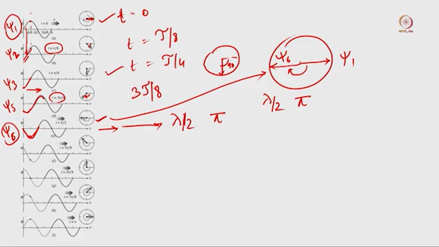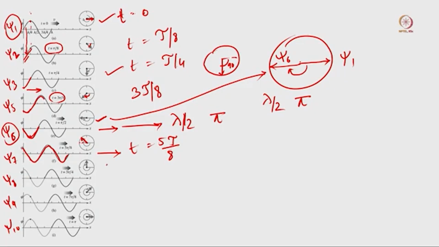Now, if we go further, wave 7, wave 8, wave 9, wave 10, you can see gradually the wave again propagates in the x direction, starting from this one and following this path. In this particular case, time equals 5T by 8, and there is also an angle difference.